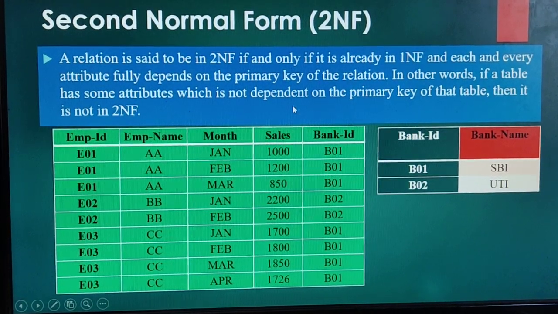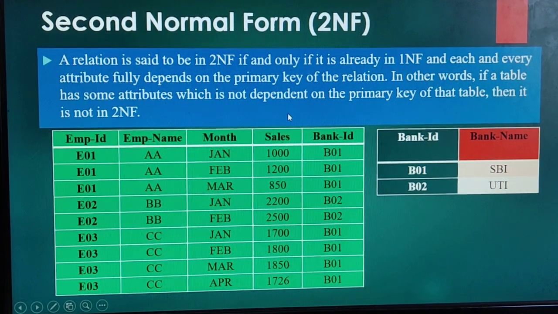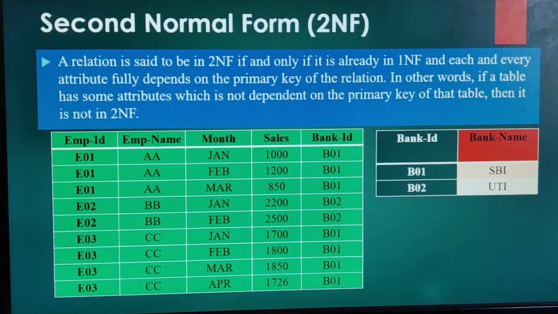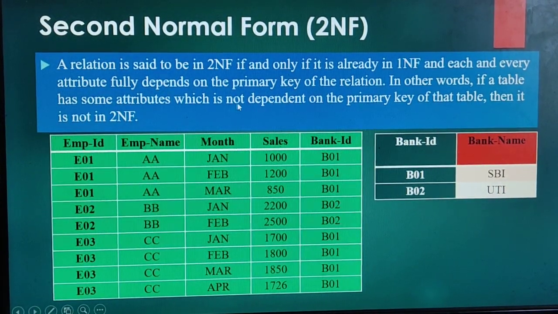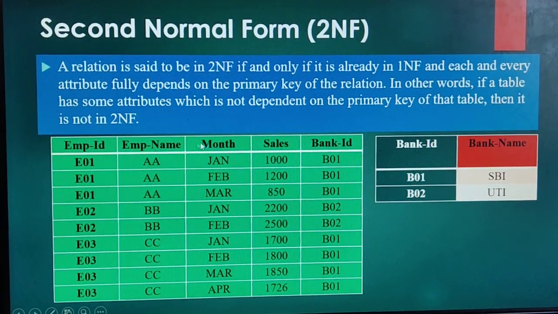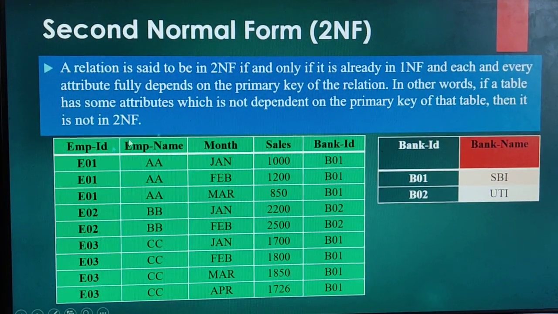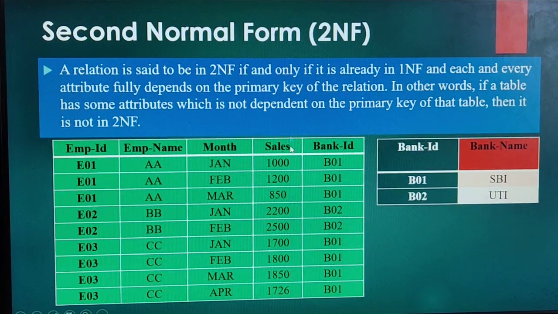That is called dependency, meaning full dependency. There are two types of dependence: partial dependence and full dependence. Here, dependent means fully dependent. So all these non-key attributes must be fully dependent on the primary key.